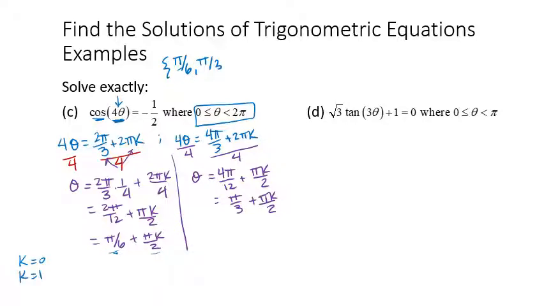So when k is 1, for this first equation, I get pi over 6 plus pi times 1 over 2. Get that common denominator. So that common denominator is going to be 6. So this needs to be multiplied by 3 over 3. So that gives me pi over 6 plus 3 pi over 6, which gives me 4 pi over 6, which reduces to 2 pi over 3.